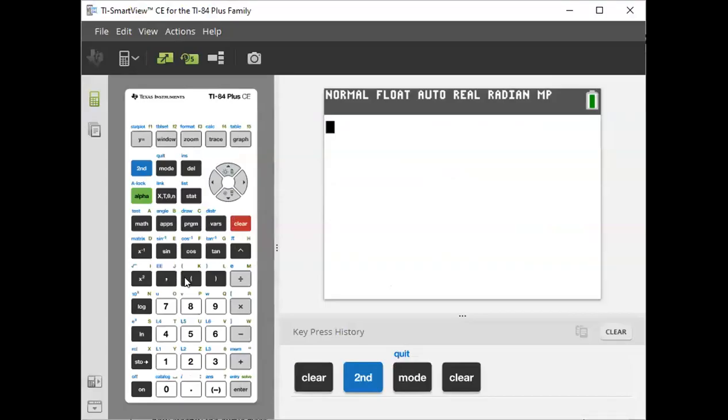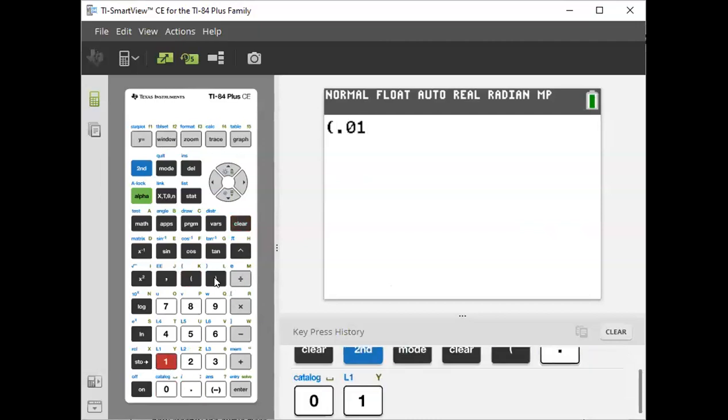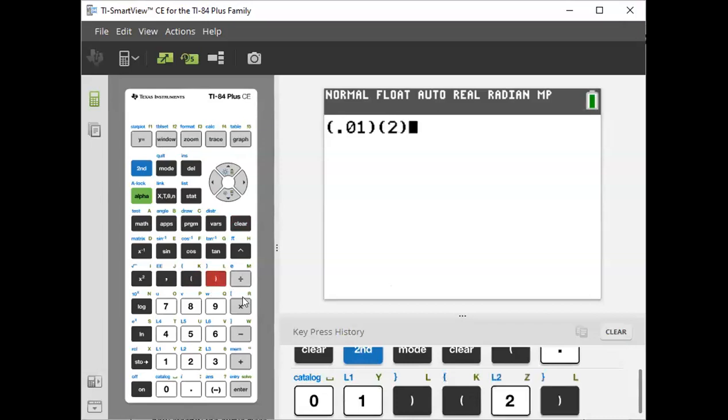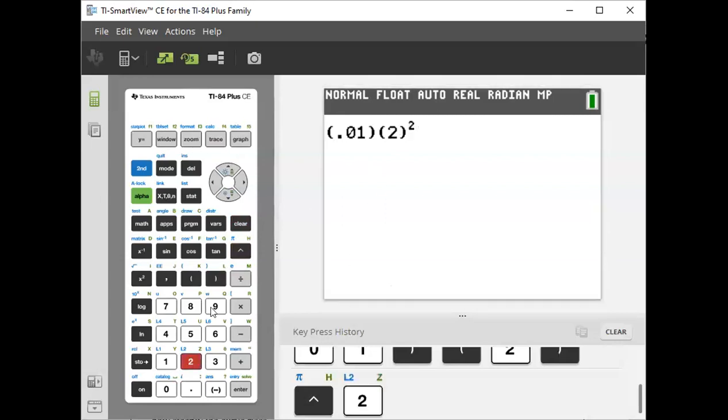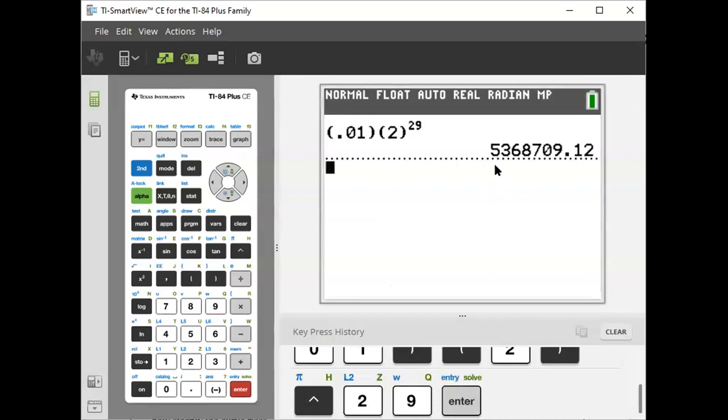We've got 0.01. We're starting out with 1 penny, but on day 30, we're raising that to the 29th power because we're subtracting 1, right? So we're saying 29 here. And I'm getting this number.